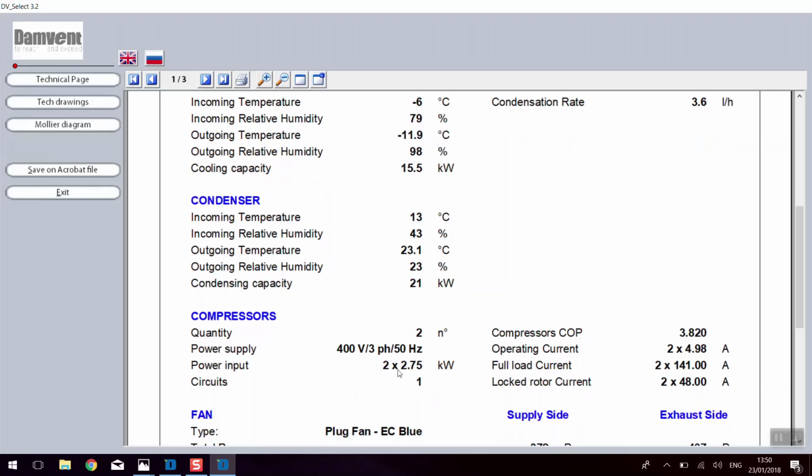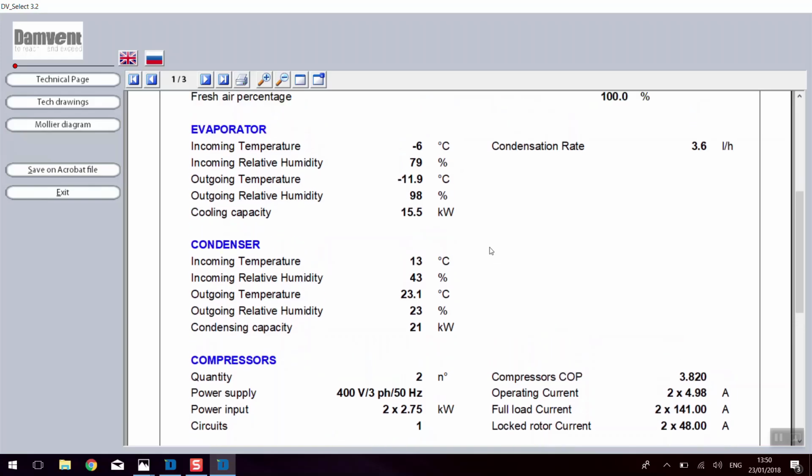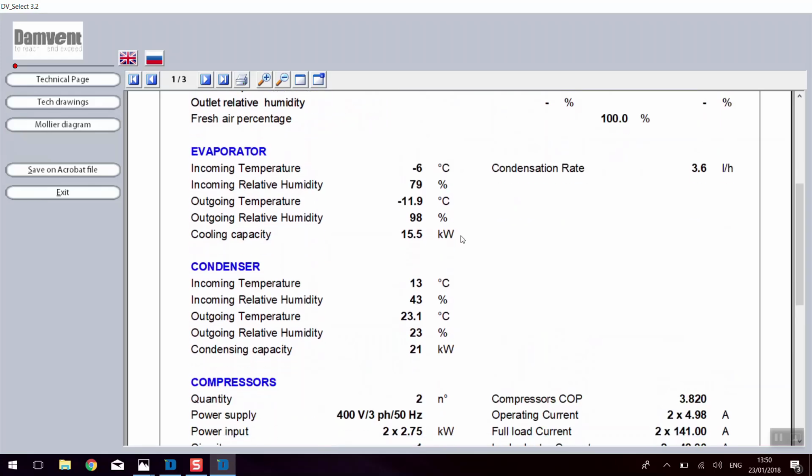We have the power input of each compressor for this specific calculation point. We have the number of circuits. Very important, we have the COP only for the refrigerant circuit. And then we have operating current and full load current, locked rotor current, all the electric data for the compressor. So these are the most important data for the heat pump circuit.